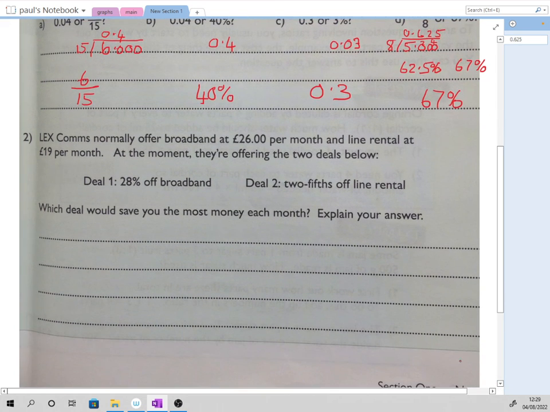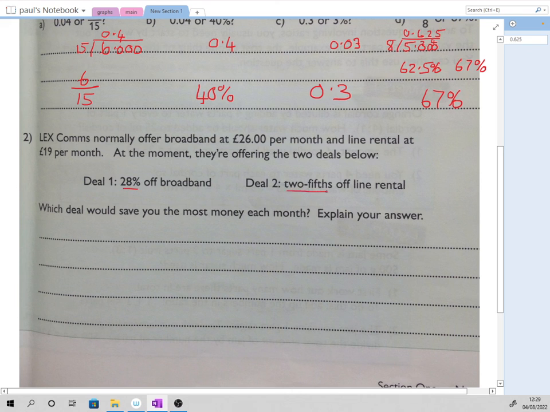So look at this one. Lex Comms normally offers broadband at £26 a month and line rental at £19. At the moment, they're offering 2 deals below. 28% off the broadband or 2/5 off the line rental. Which deal would save you the most money each month? So we've got these two things.